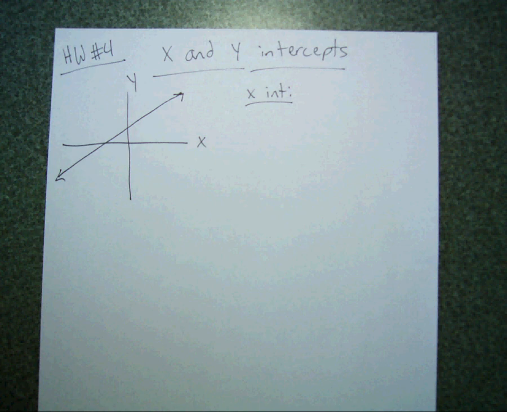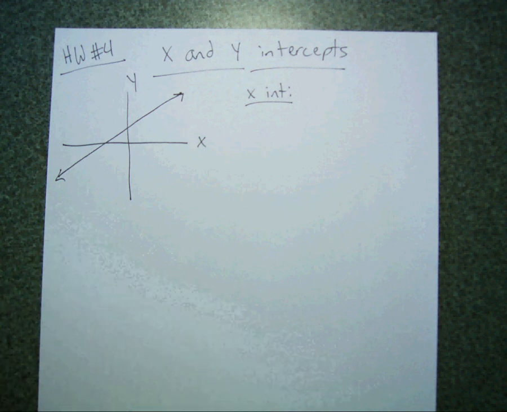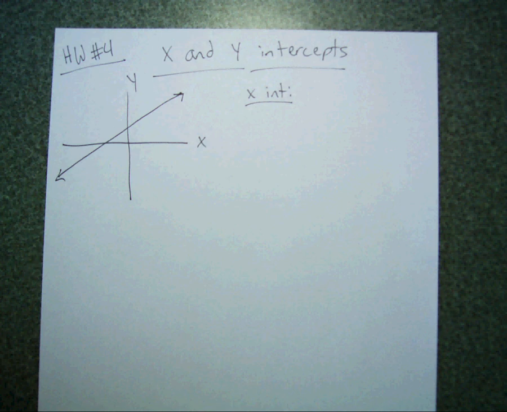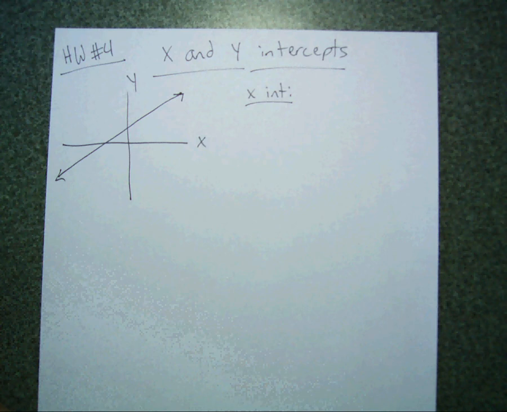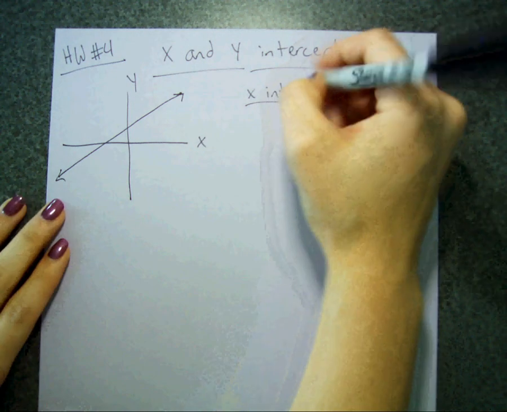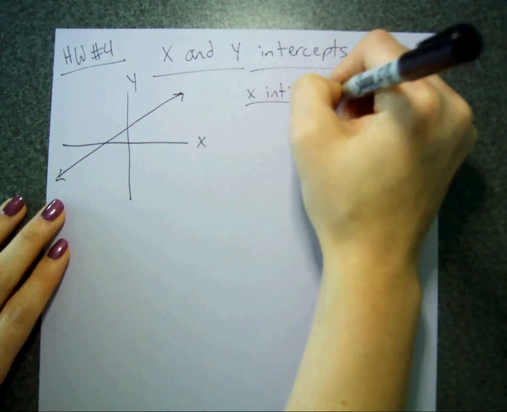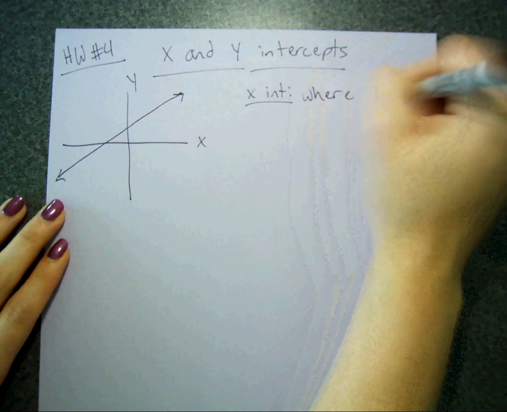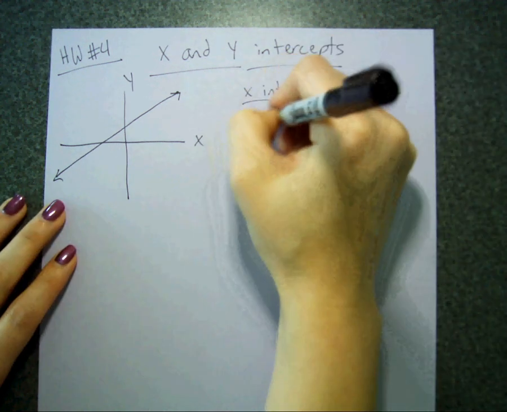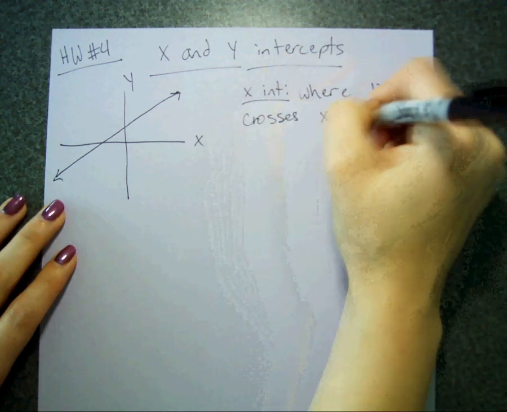What does the word intercept mean? Crosses, right? So the x-intercept crosses what? The x-axis. My x-intercept is where the line or graph crosses the x-axis.